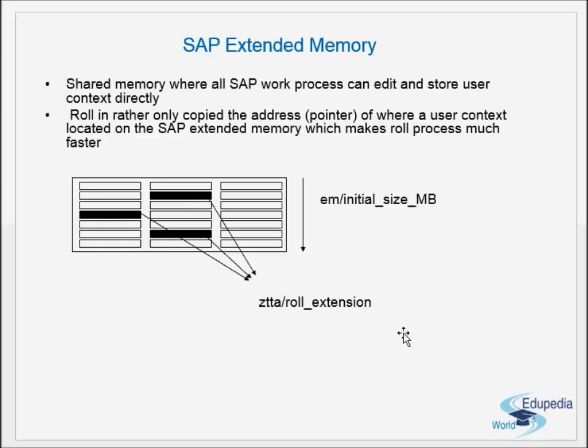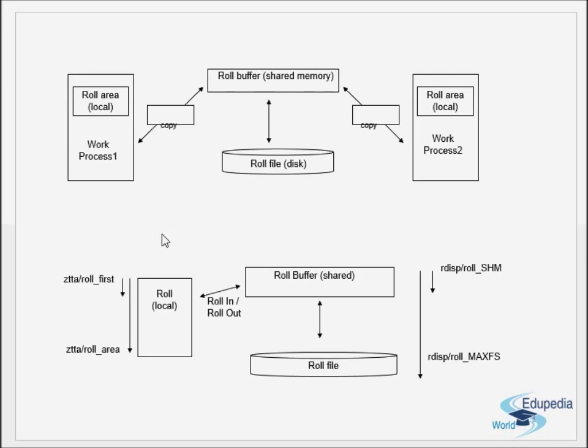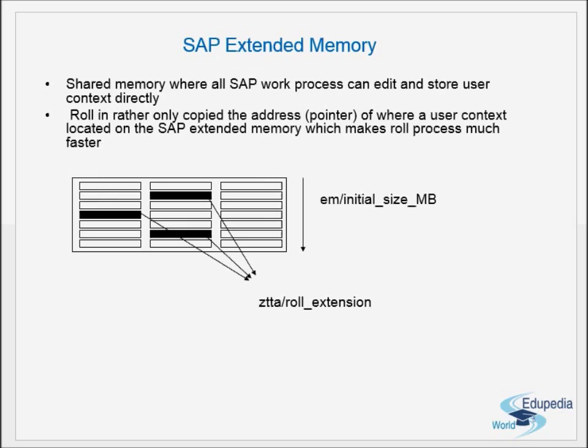Now this user context, after using this role area, whether it's the local one or the shared one, is kept in the shared area. However, for executing, that user context has to be brought inside the work process local role area. After that role area is used up, if it needs some more memory, it can get it from the extended memory or the private memory, that is the operating system page file.